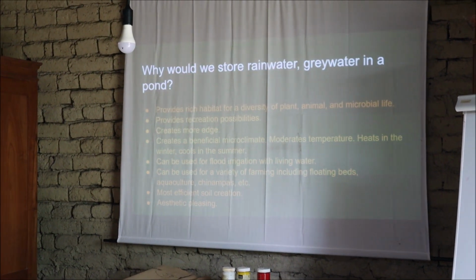It creates more edge. I'm sure Enchi mentioned the edge to you. It's very important in a forest garden or any kind of place where you want to increase the biodiversity and habitat for wildlife, also for creating microclimates, and you can use it to increase the storage capacity of plants and other things like that.